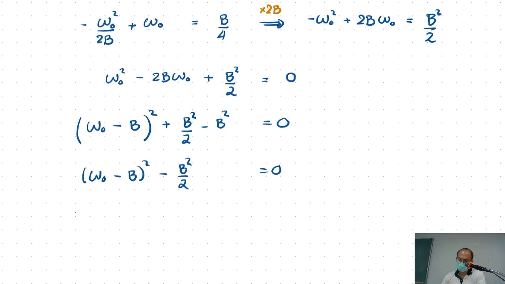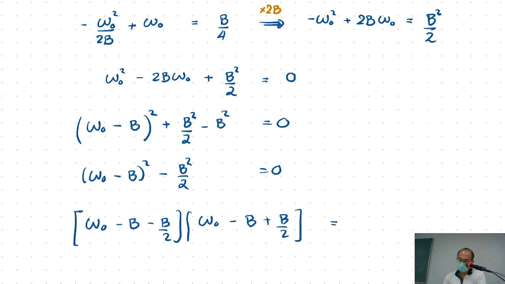So we have omega 0 minus b over 2, and omega 0 minus b plus b over 2. Actually, I don't have to do this, right? This is square root of b over square root of 2.